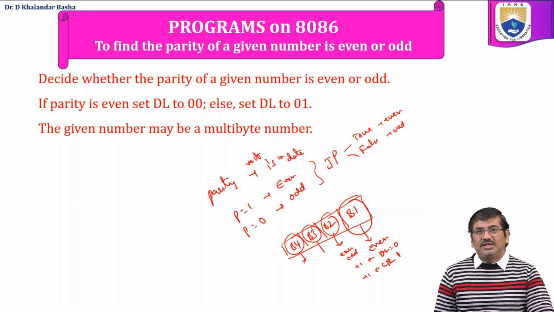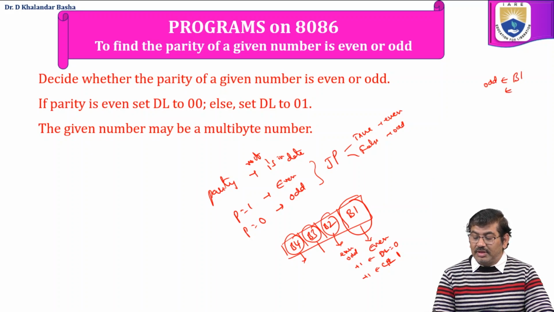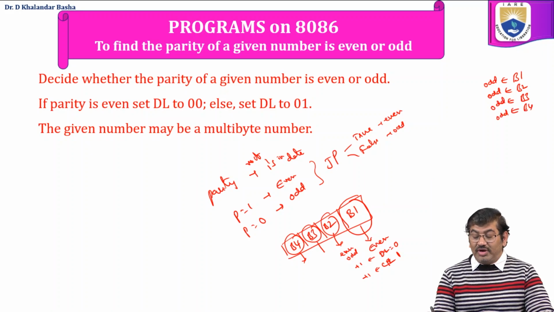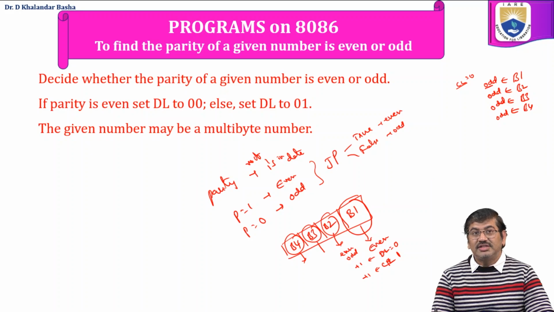So what could be the answer if there is an even number of ones in our data? Let us consider my B1 data consists of an odd number of ones. B2 data also consists of an odd number of ones. B3 is also odd, B4 is also odd. For every odd number, we are going to increment CL. So initially it is equivalent to 0. When you find an odd number, increment it.